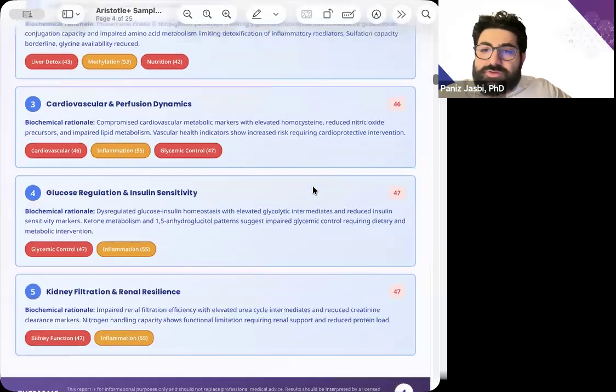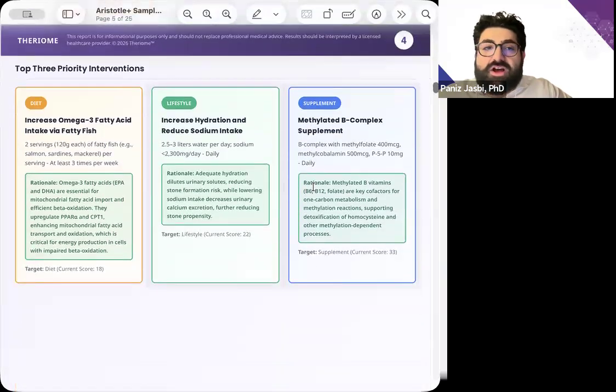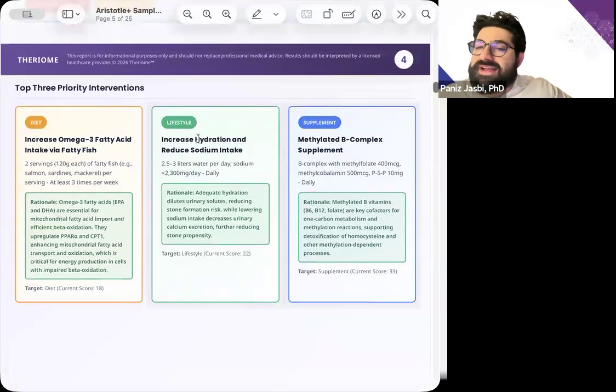Now let's move to page 5 and 6, where we're going to take the first action steps. On page 5, we provide the top 3 priority interventions. This is the Get Started Today plan that tends to be high leverage and broadly applicable. In this sample report, the priority interventions are presented across 3 categories. They'll always be presented across these 3 categories. You'll have a top diet, a top lifestyle, and a top supplemental recommendation.